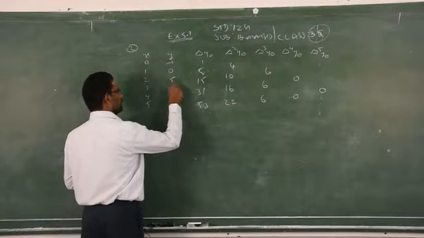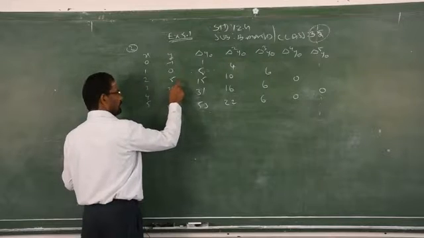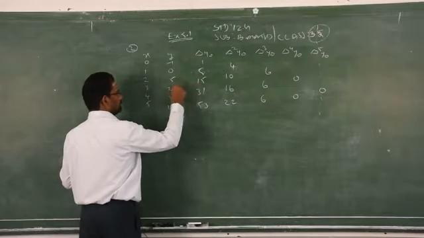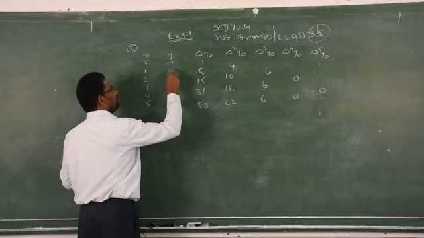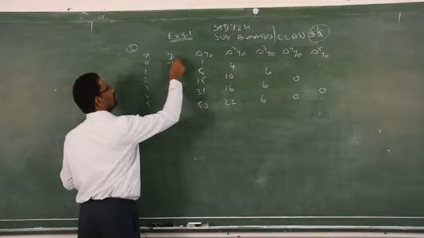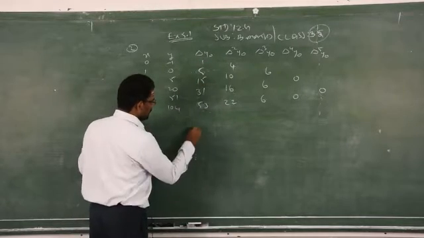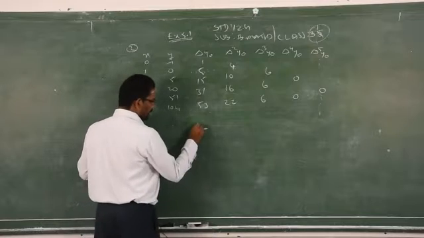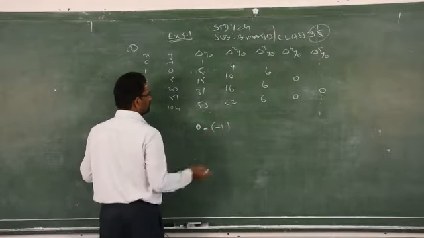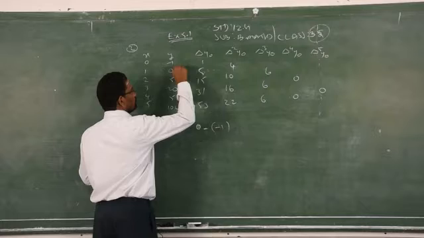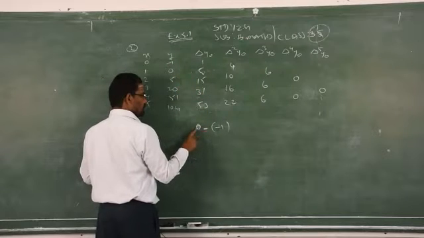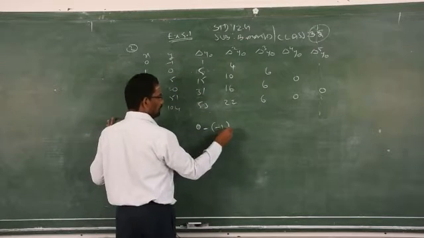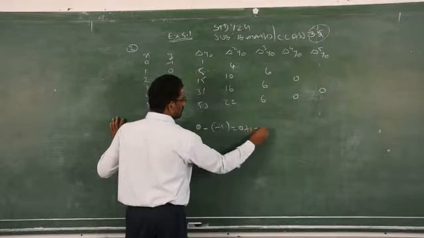Then 20 minus 5, write the answer between these two. Then 5 minus 0, 5. Similarly, 0 minus of minus becomes plus. That is very important. 0 minus of minus 1, because we are subtracting these two, you have to use the negative sign, which gives 0 plus 1, that is 1.